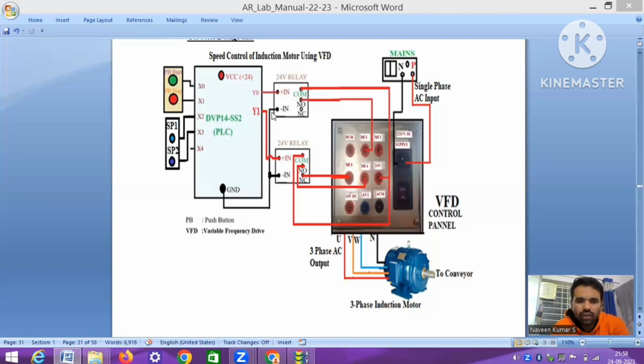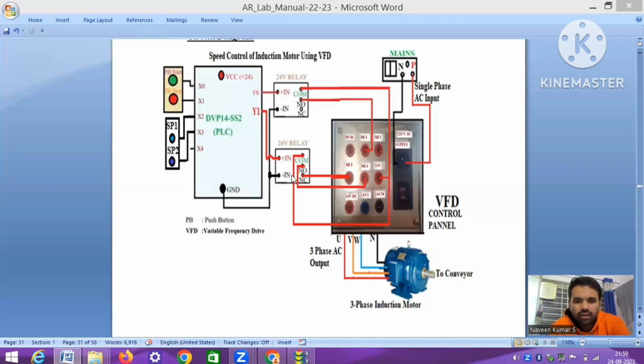Before that, Y1 is connected to the input of the second relay, and as we have seen in the previous videos, by switching the 24 volts between multipurpose input 3 and multipurpose input 4, we can control the speed of the induction motor connected to the VFD.